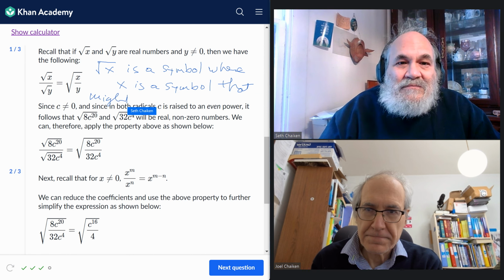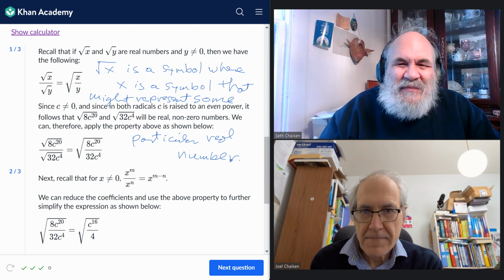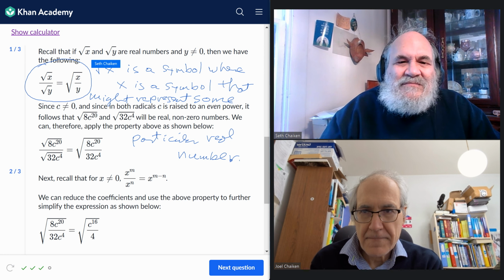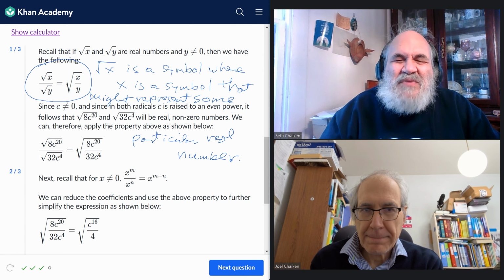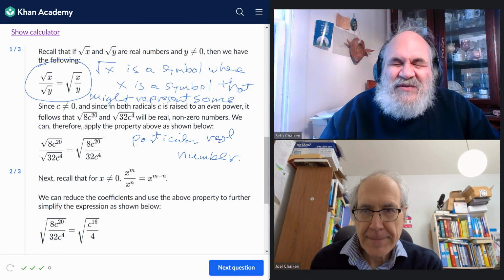So in the practice of algebra, this formula applies to symbolic expressions where x and y are not particular real numbers.